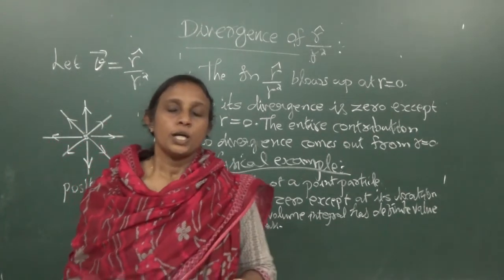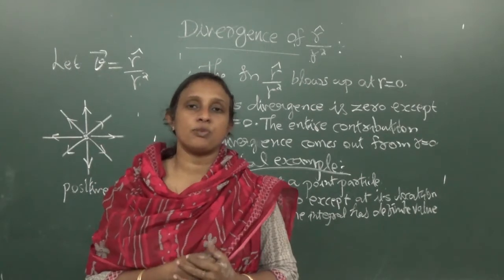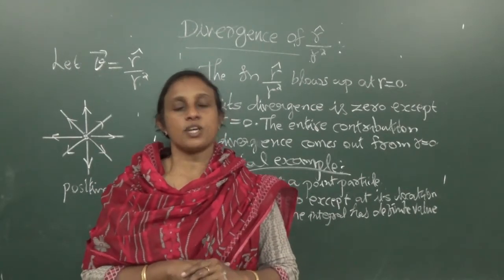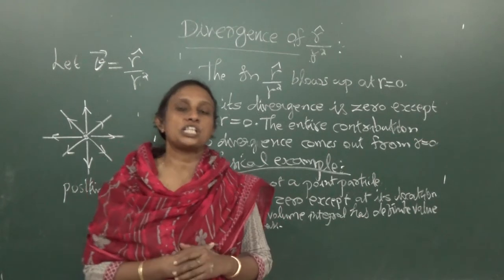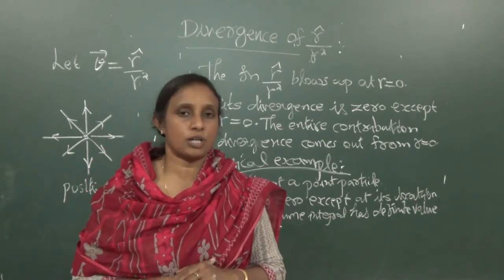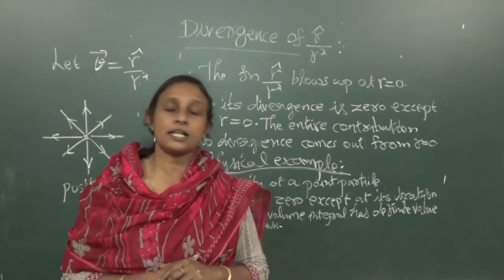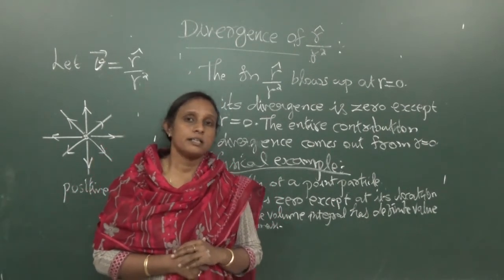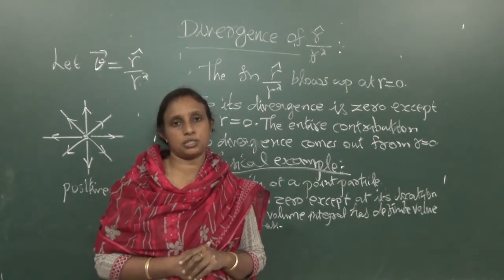Okay, so to address these types of functions, we can use a new distribution which is known as the Dirac delta function. Okay, next we will learn about this Dirac delta function.